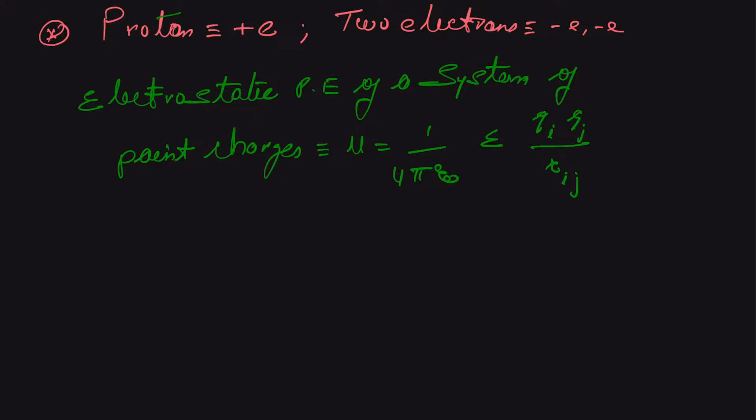And in the question it is mentioned that the electrostatic potential energy of the system should be equal to 0. So let's find out the condition for 0 potential energy.